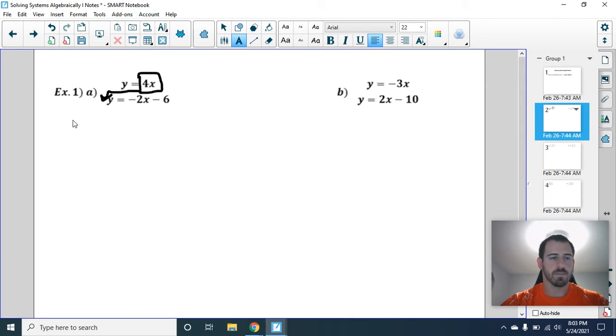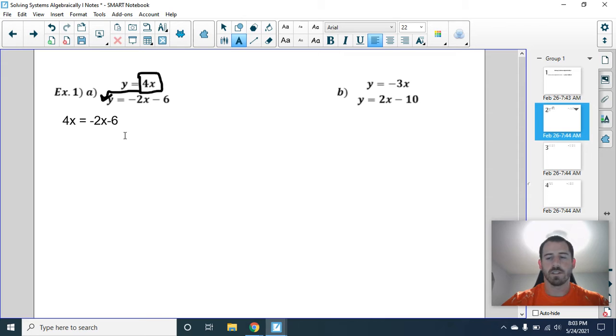I'm going to type it in, so I don't have to use my mouse pad. We still have the whole right side of the equation. So we're going to have 4x equals the right side, negative 2x minus 6. Could have put some spaces in there, maybe that might help. And there's our equation.